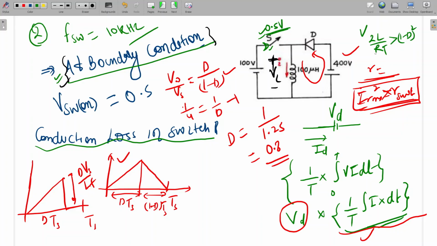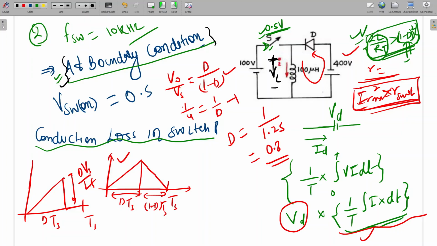This is for the buck boost converter. For other converters also these derivations are there, that I will explain in the next class. The critical value will be different for each converter. For the buck boost converter it is (1 minus D) square. This we can check. Is it clear?